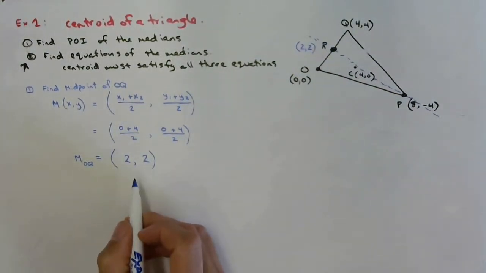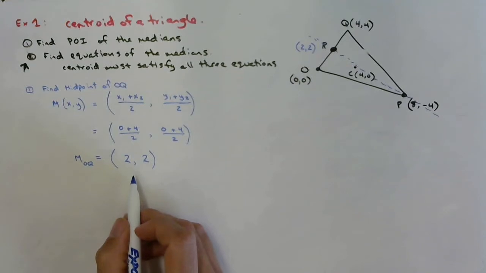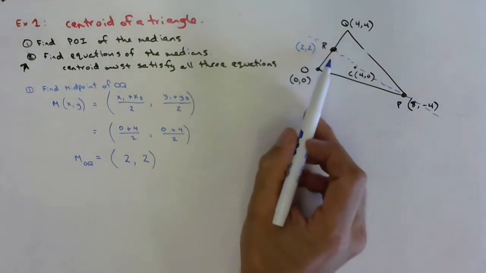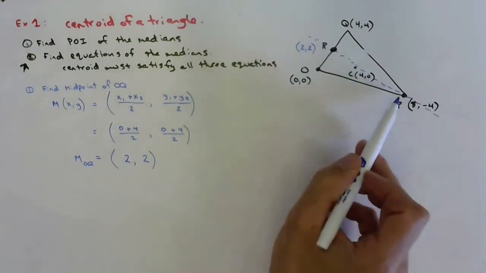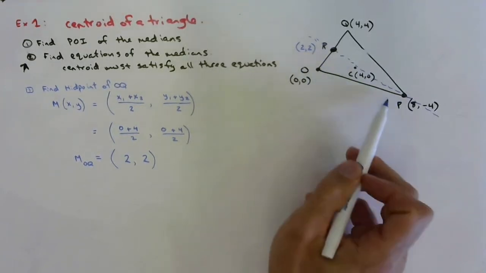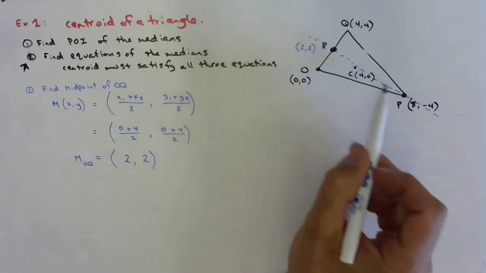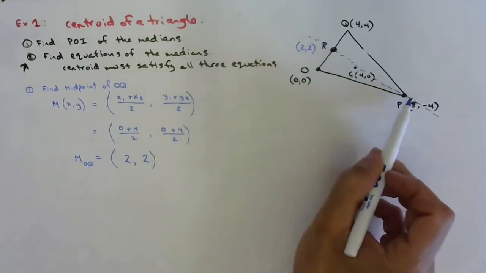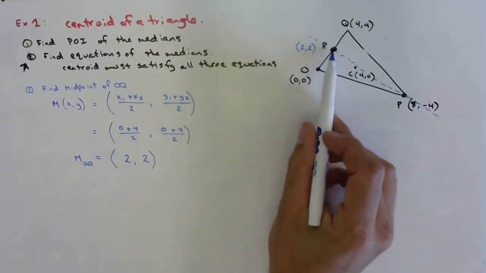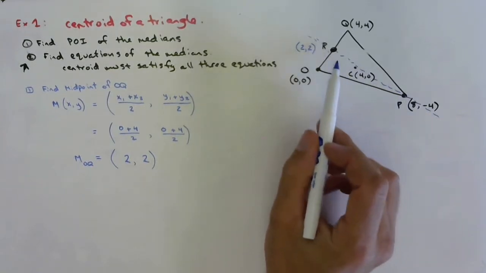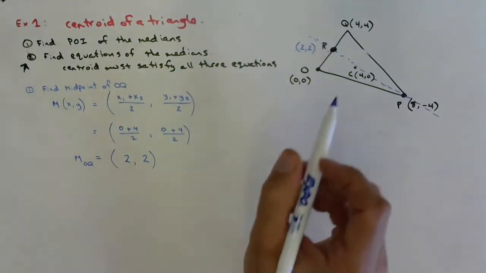And what I actually need is the equation of the median. So I need the equation of the line RP. I've gotten this point. What's that going to allow me to do now between P and R? Keep in mind I'm doing an equation of a line.